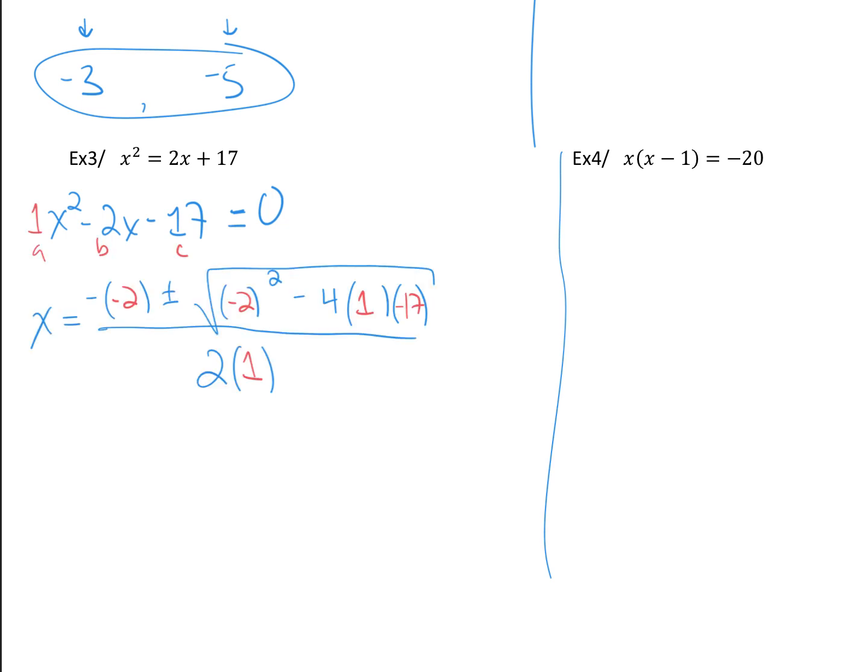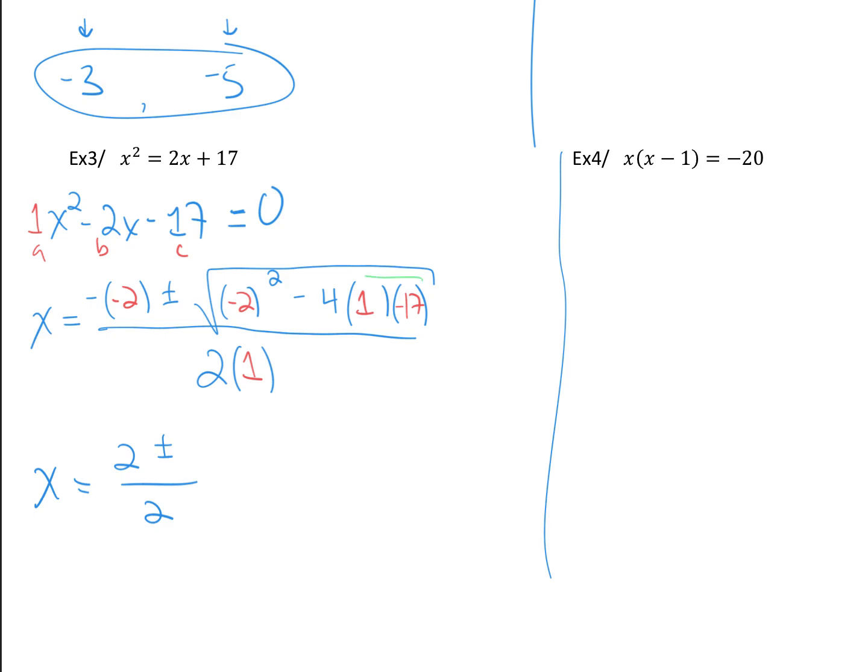This is what the quadratic formula looks like all filled in. You find your a, b, and c and substitute everything correctly. From here, we can come down here and say x equals 2 plus or minus something all over 2. What is that something? Well, I don't know yet.